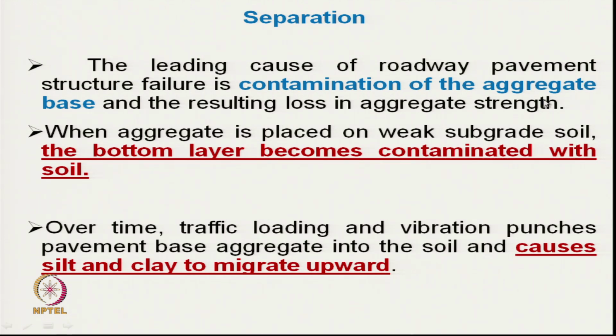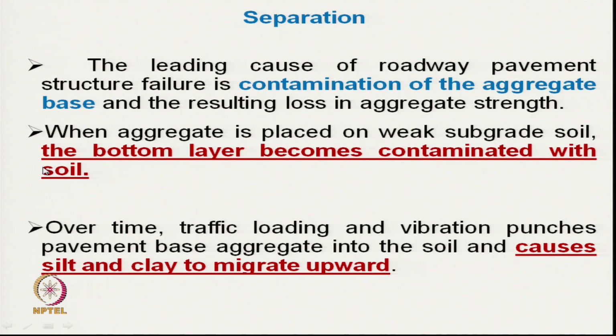The leading cause of roadway pavement structure failure is contamination of aggregate base and resulting loss of aggregate strength. So, if they are contaminated, then the strength will drop. When aggregate is placed on weak subsoil, the bottom layer becomes contaminated with soil.